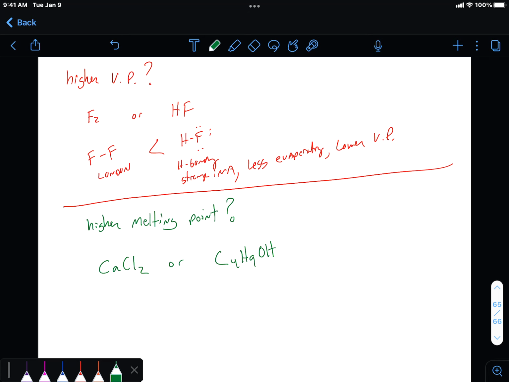It's ionic, so it's stronger than H bond. Yes. Definitely. Here's a tip. All ionic compounds are solids. Think about that. All ionic compounds are solids.